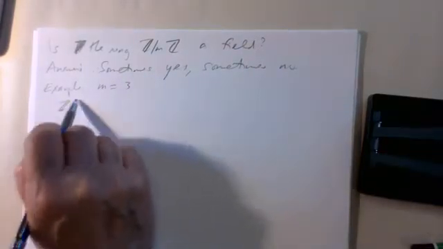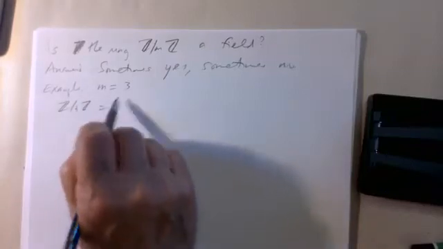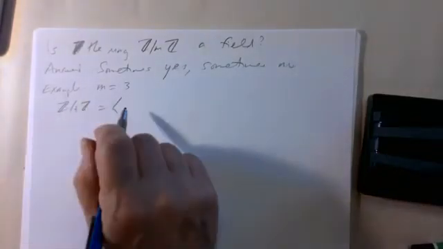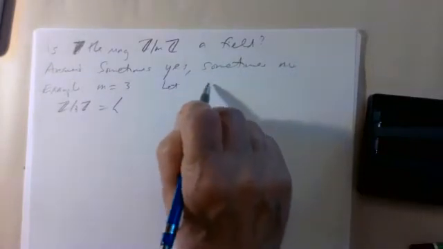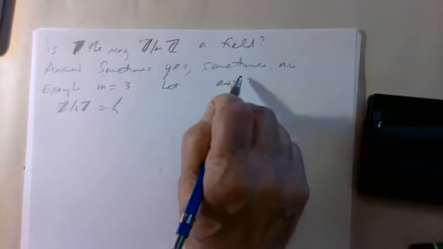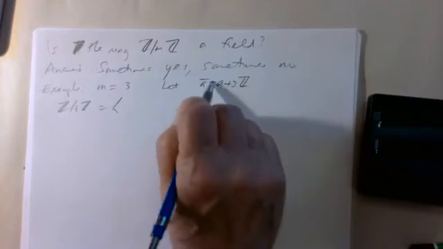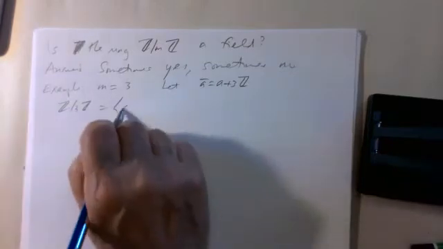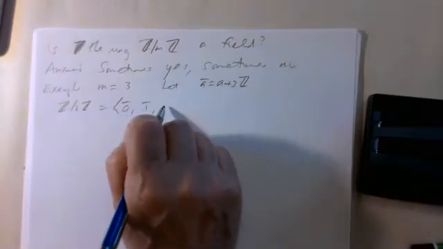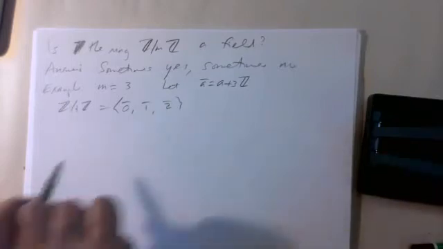So we're looking at Z mod 3Z, and this has 3 congruence classes. Just for simplicity, if I take the congruence class a plus 3Z, I'm just going to write that as a bar, so I don't have to keep writing all this. So you have the congruence class of 0, the congruence class of 1, and the congruence class of 2.